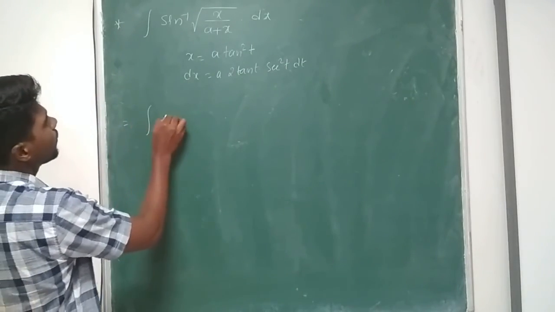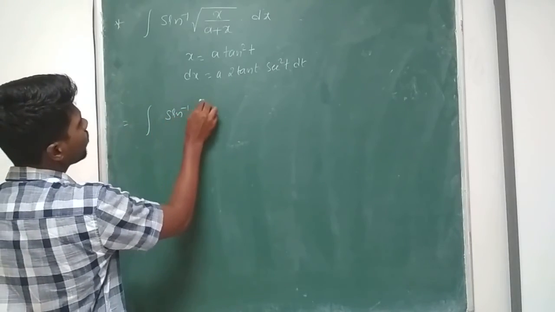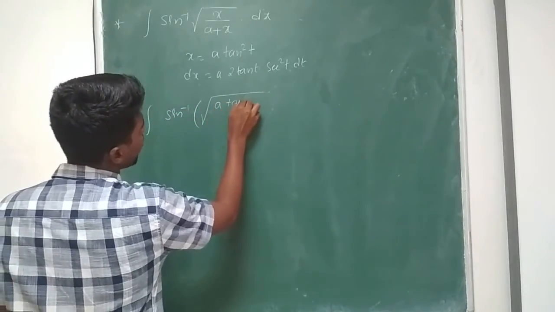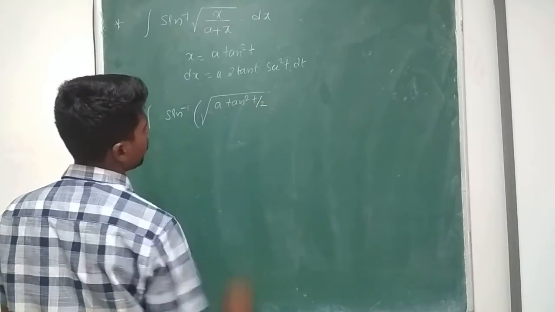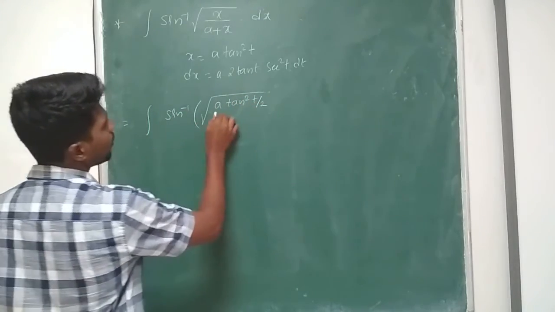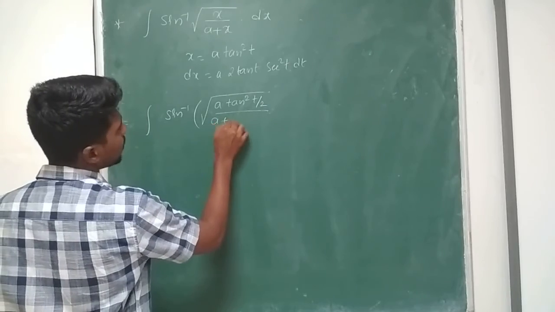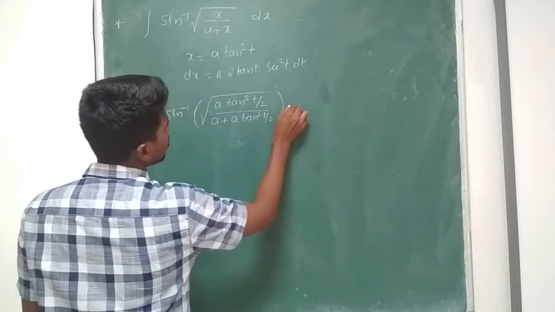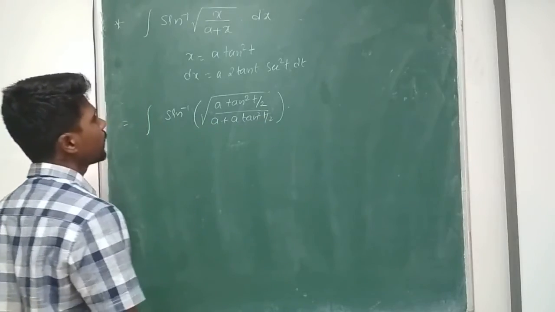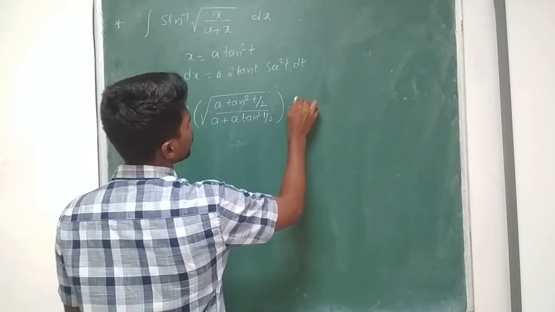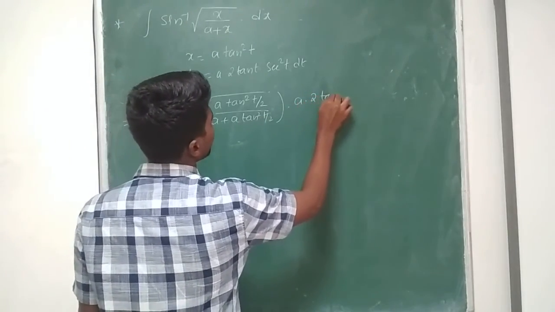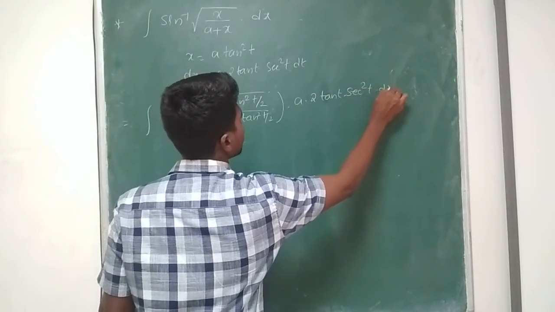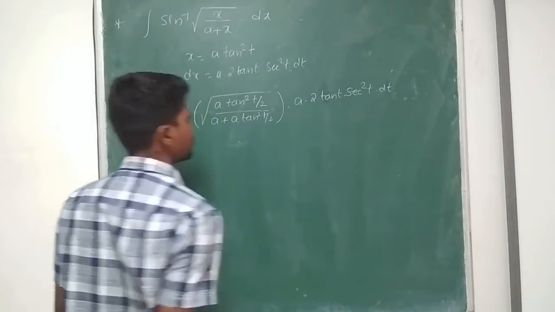I get integral sin inverse of root over a tan square t by a plus a tan square t into dx. If I replace dx, I get a into 2 tan t secant square t dt.